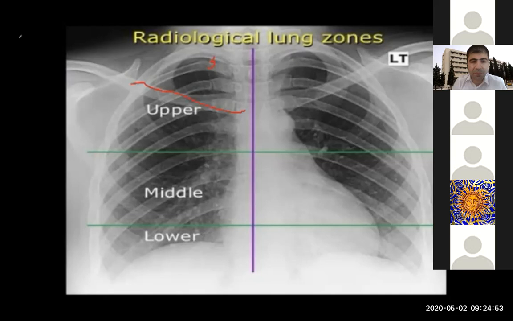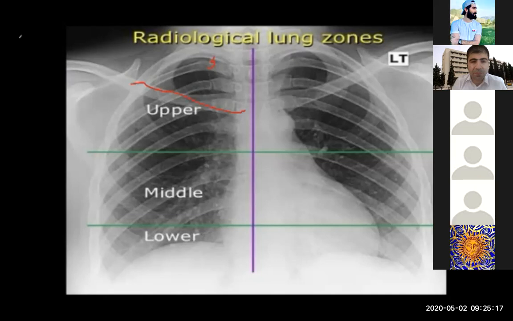The cardiac size is also important. The shape of the heart is important. Usually we see the cardiac size by measuring the diameter of the heart compared to the thoracic diameter. It is usually less than half of the thoracic diameter.